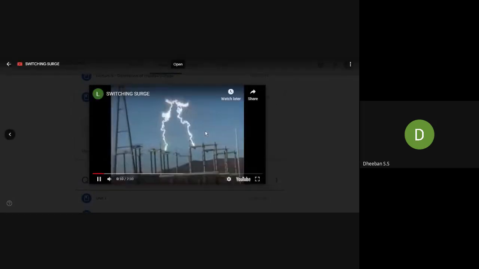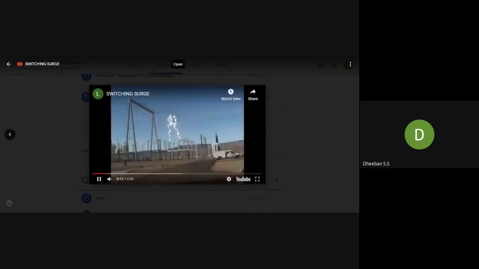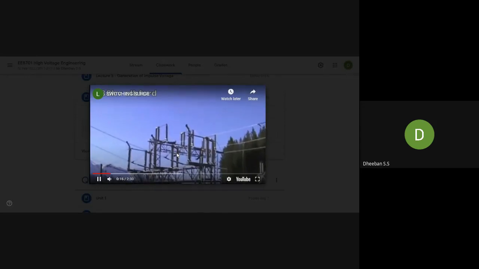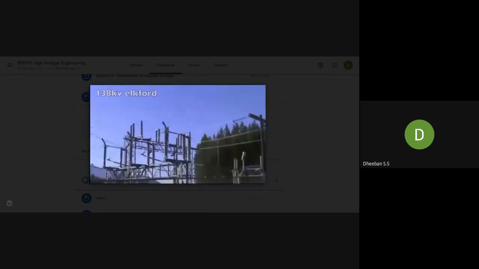You can see it keeps on increasing. This is possible because the particles are getting ionized, so the arc is visible to you. The ions in the surrounding area get ionized, and it becomes possible to form the arc.